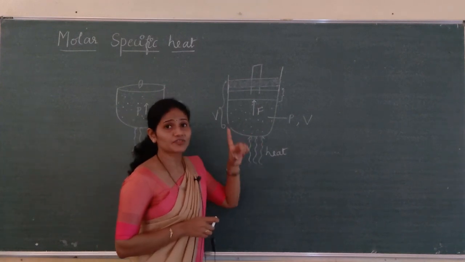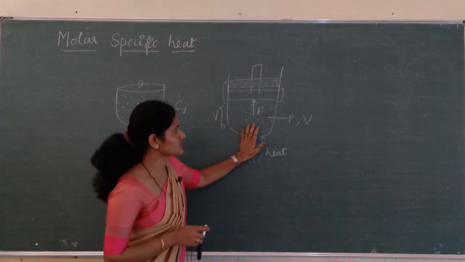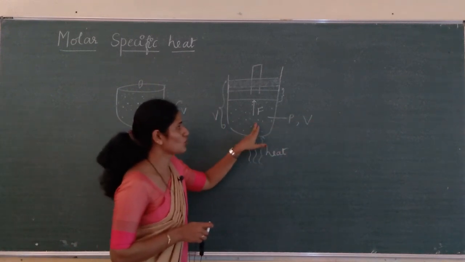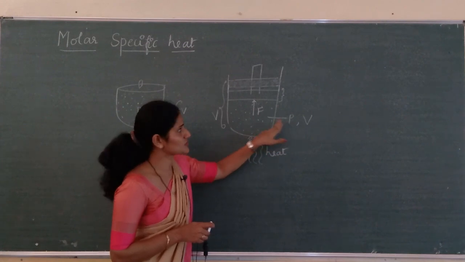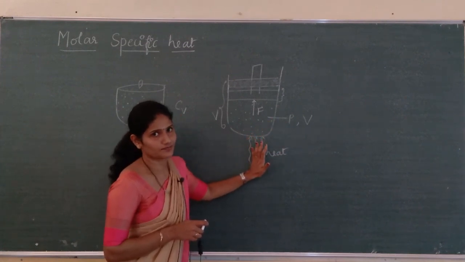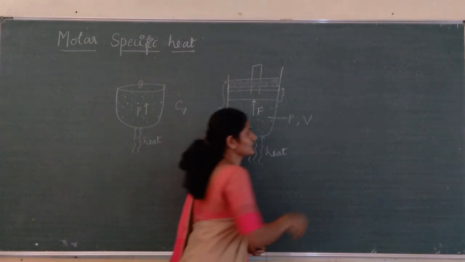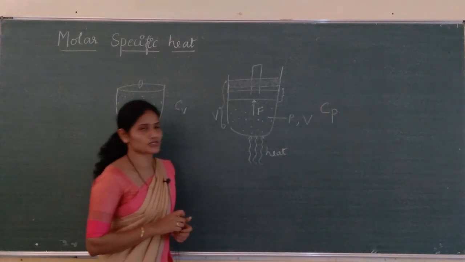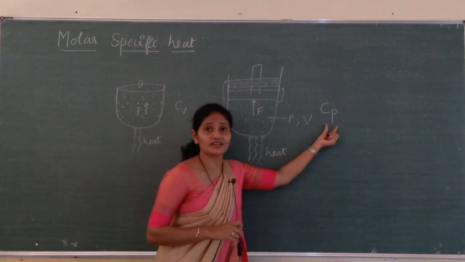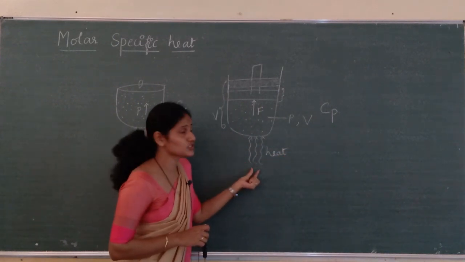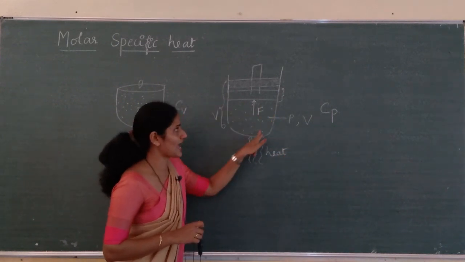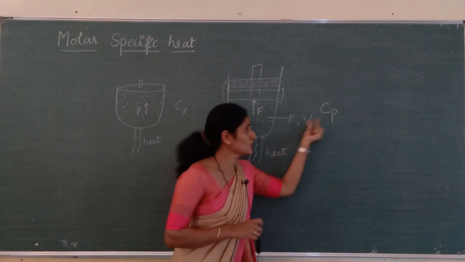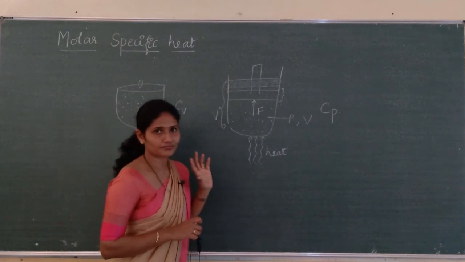Temperature rises by 1 degree Celsius, volume changes, but what remains constant? Pressure remains constant. So, this is nothing but molar specific heat capacity at constant pressure. It is the amount of heat required to raise the temperature of 1 mole of gas by 1 degree Celsius at constant pressure.